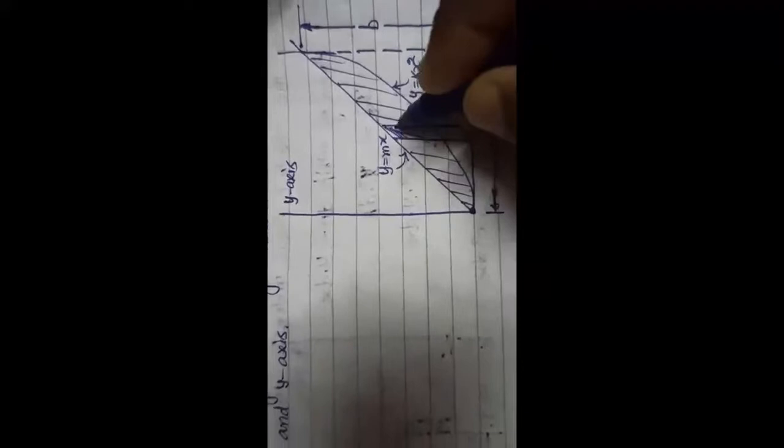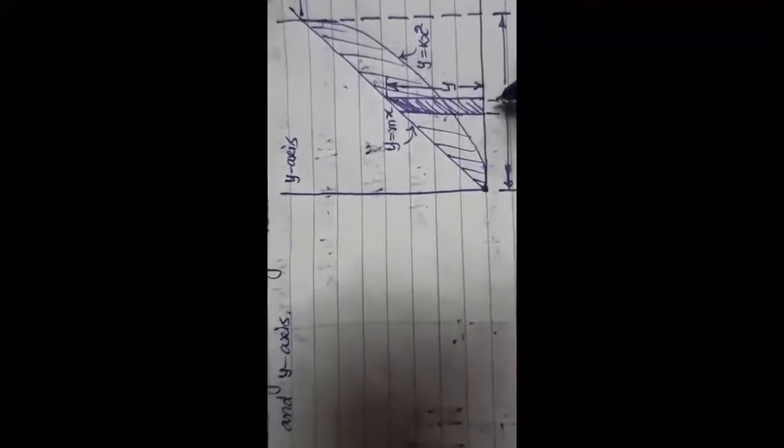So now for this triangle we will take the strip, as earlier, of height y at a distance x, of thickness dx.